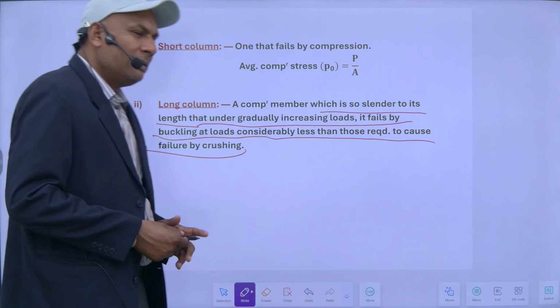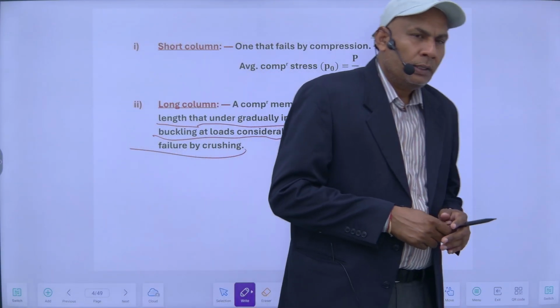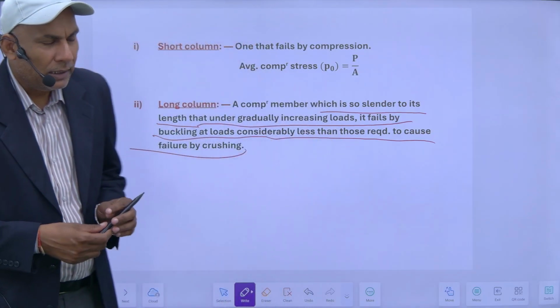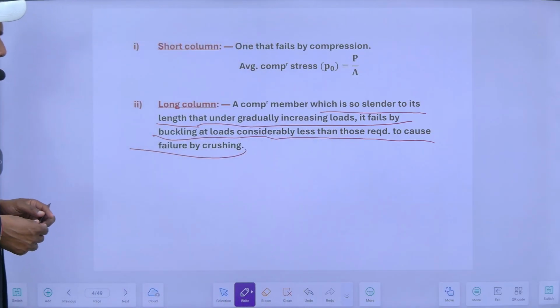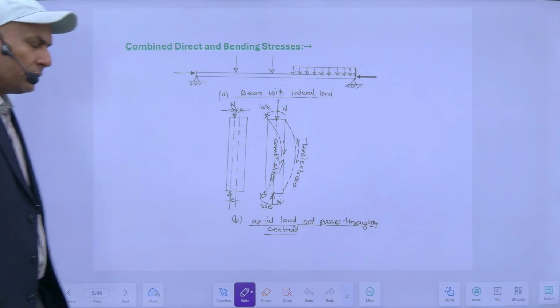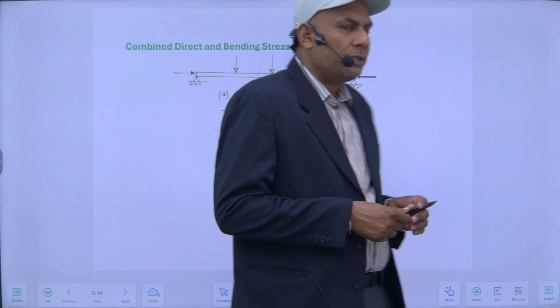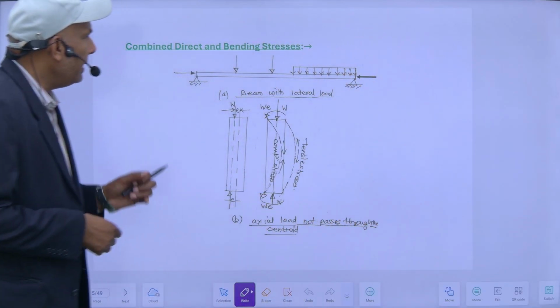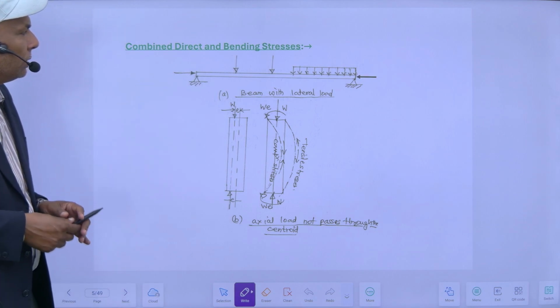Due to its slenderness and greater length, it will fail at a lesser load as compared to crushing. So I am not going to discuss long columns; I will discuss them in my subsequent lectures. Today's lecture is only for combined direct and bending stresses.